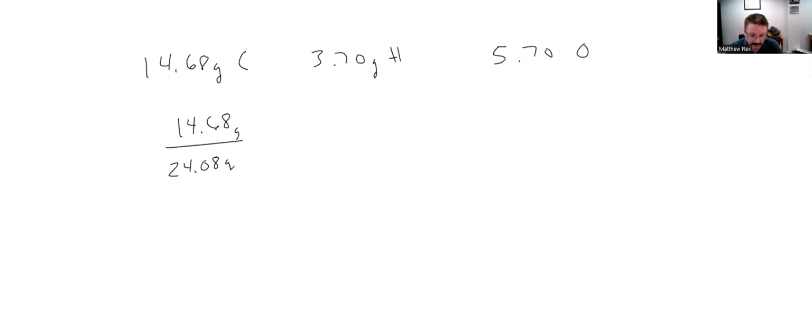So for the carbon, it's 14.68 grams, so I would divide that by the mass of the whole thing, and I would see that that is 60.9%. I would do the same for the hydrogen. Now, just that part of interest divided by the mass of the entire compound. That's 15.3 or 0.4%.